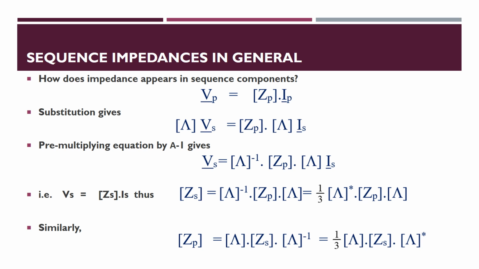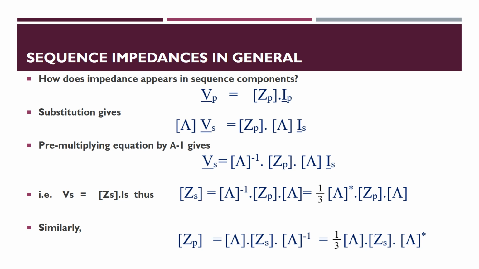Vp can be written as A times Vs vector, and Ip can be written as A times Is vector. So the equation comes in this way. If you multiply by A inverse on both sides, you will end up with this equation, so you can say that Vs equals Zs times Is.